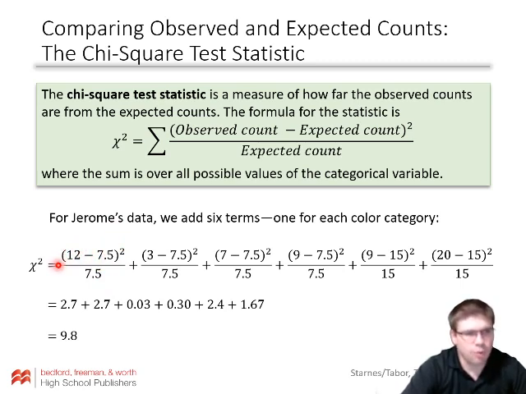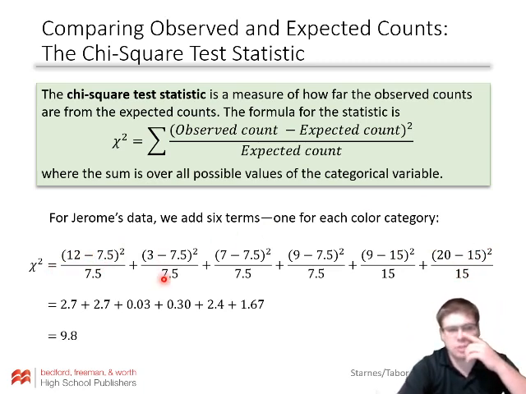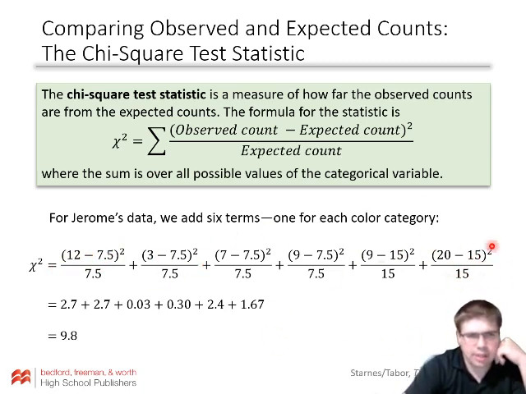That's 4.5. Being off by 4.5 when we were expecting 7 is bigger than when we were expecting 15. If you're expecting 100, being off by 4 is not that big of a deal. So that's where this relative component comes into play here. And we see that this is not as big of a component to this chi-square value as this one is, even though that actual difference is larger.